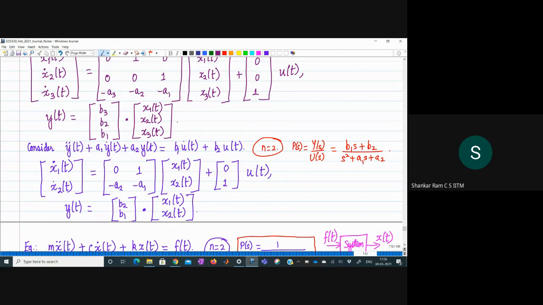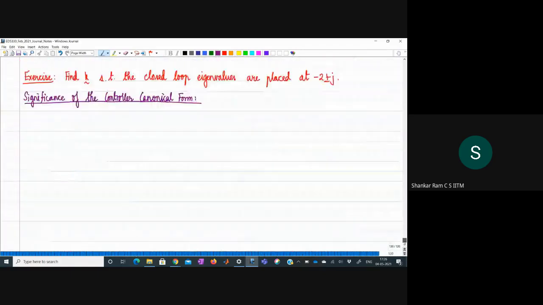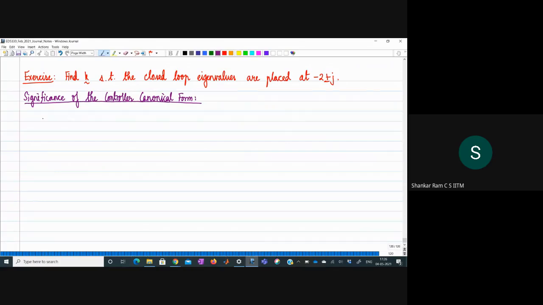Now, if you want to evaluate the significance of this controller canonical form, let us consider a second order system. I'm going to take a particular example. We'll start from the beginning: we will write down the controller canonical form, and then we will do the control design to figure out what specific advantage we get.